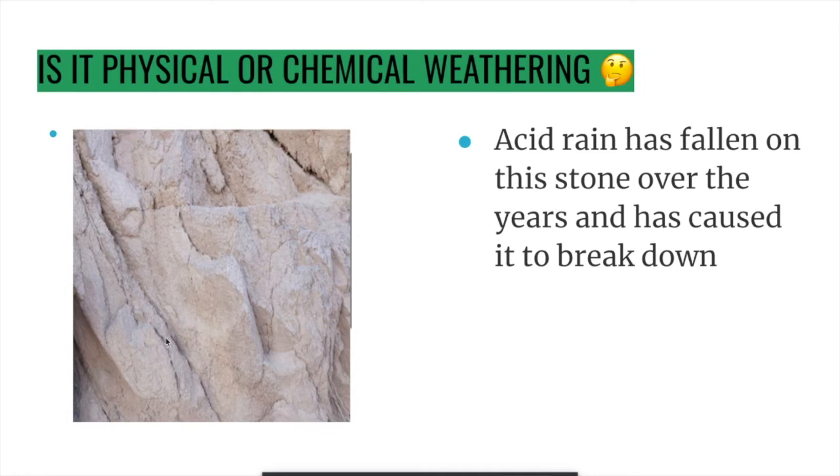Acid rain has fallen on this stone over many years and it has caused it to break down. See how the rock has different shapes throughout? You see how there's like this curve right here, or at some places kind of bumpy. What do you think? Was this because of physical weathering or chemical weathering?